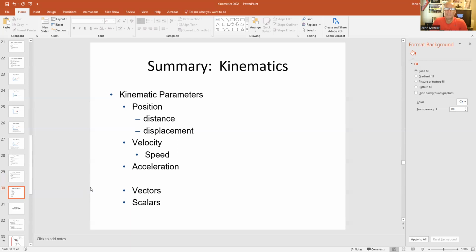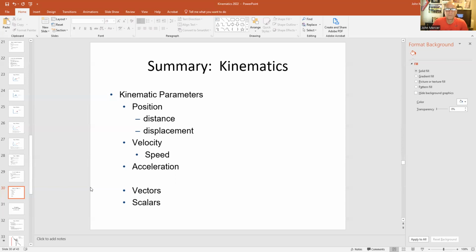Velocity is the time rate of change of displacement, how fast position is changing from a displacement perspective. It's a vector. Speed is the time rate of change of distance. It's a scalar. Both share the same units, any units of length over any units of time. Velocity is the vector, magnitude and direction, and speed is the scalar, magnitude only. And then we have linear acceleration, which is the time rate of change of velocity.